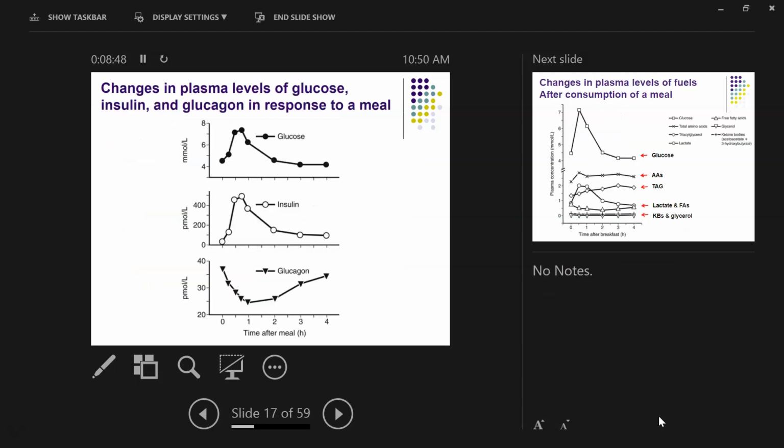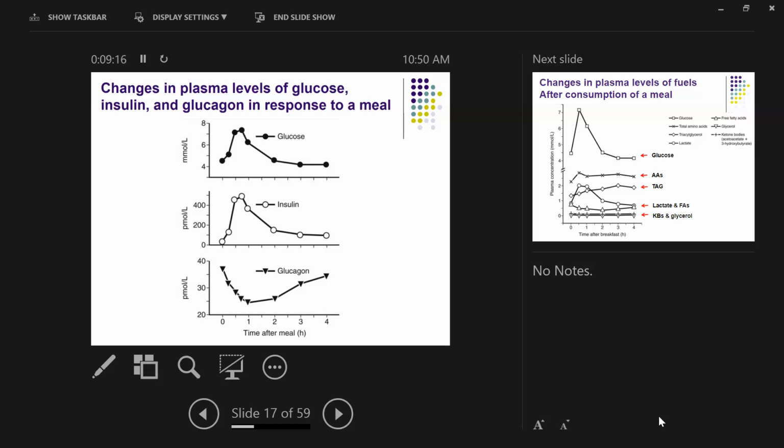Okay, and here I show you the changes in plasma levels of glucose, insulin, and glucagon in response to a meal, the absorptive phase, right? 2 to 3 hours after a meal. So you see that the glucose level increases after the meal and reaches a peak about 1 hour after the meal, right?